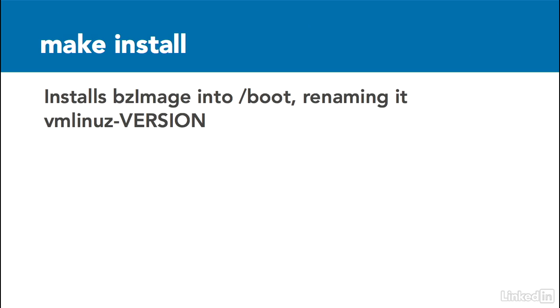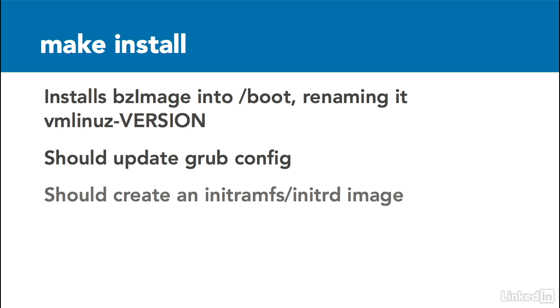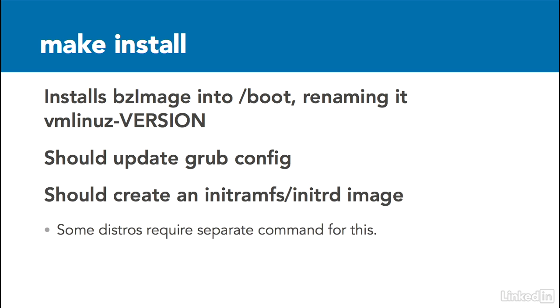That should copy your bzImage file into the /boot directory, and it will rename it typically vmlinuz-kernel version. And make install should update your bootloader config file if that's required. And it often creates an initial ramfs or initrd image, although it does depend on the distro. Some distros, like Ubuntu, sometimes you've got to do this separately. You've got to make an initramfs with a separate command.